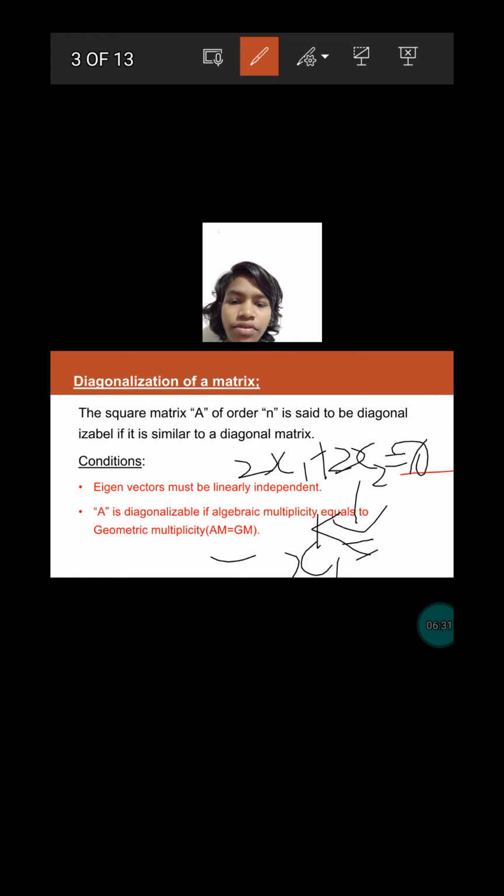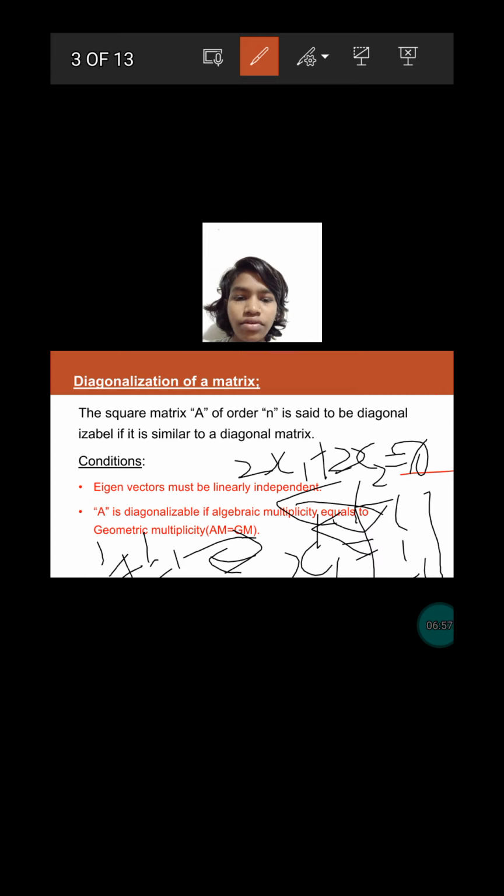Here we have the same eigenvalue, 2, repeated, and we have only one eigenvector, which is linearly dependent.